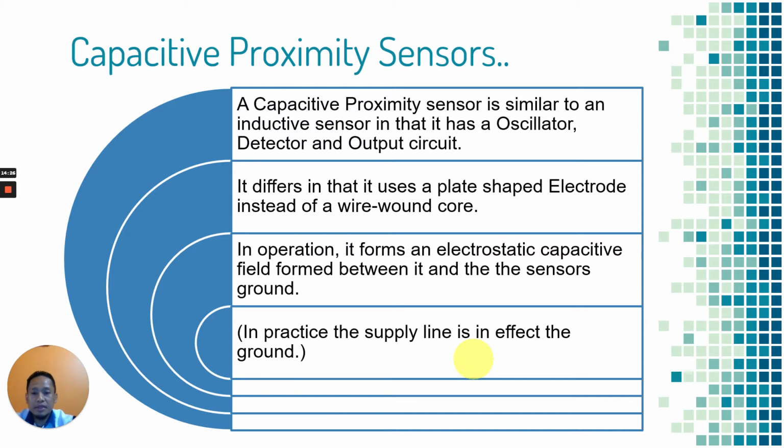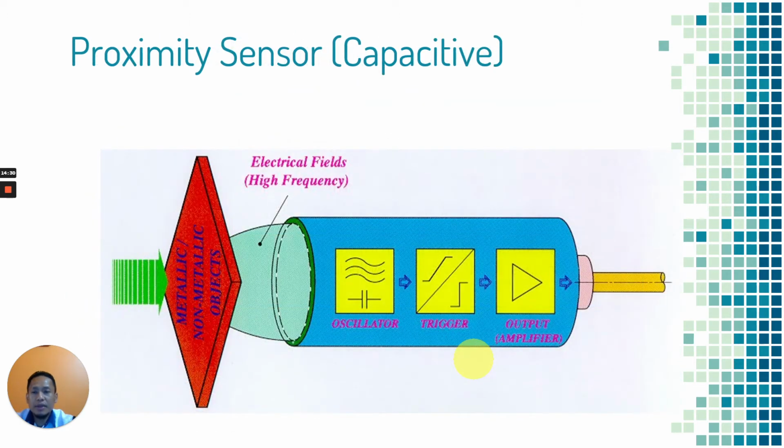In practice, the supply line is in effect connected to the ground. Okay, this is the architecture of the capacitive proximity sensor. It can detect a metallic or non-metallic object, same as the inductive sensor, but the capacitive sensor uses electrical fields.